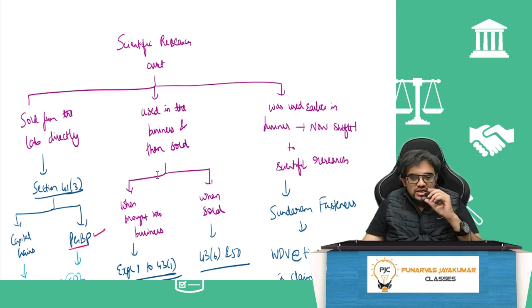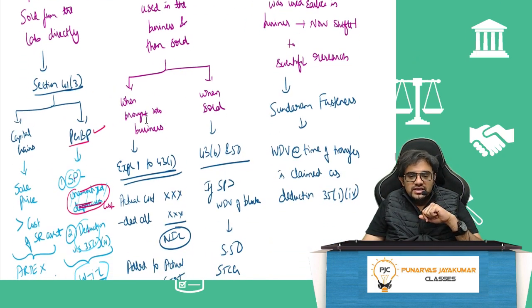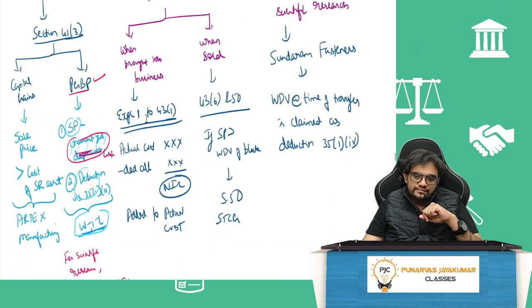Everything is covered here. If it is sold from the lab directly, 41(3) will apply. 41(3). That is deemed profit. What is the capital gains? If the sale price is more than the cost of the scientific research asset, then the additional balance will be the capital gain.